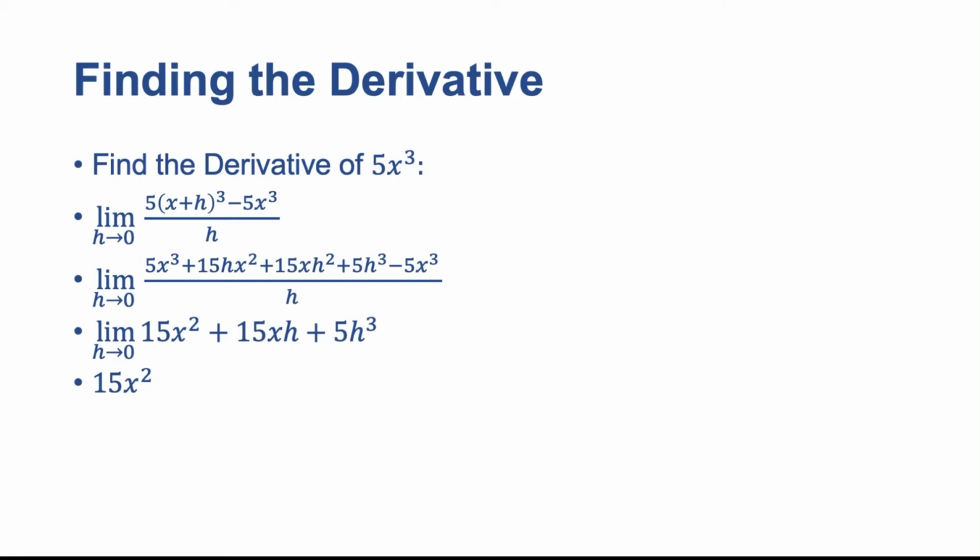That is the derivative of 5x cubed. So if I want to find the slope of the tangent line to 5x cubed, I'm just going to take the value of x, plug it into 15x squared, and then I'll get the slope.